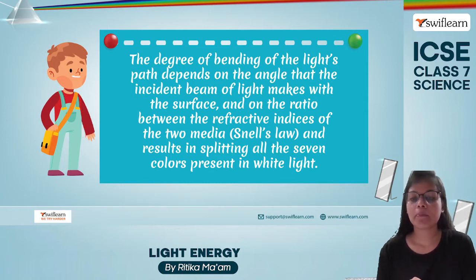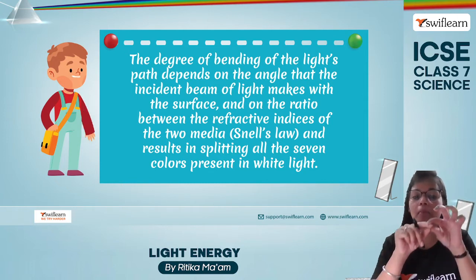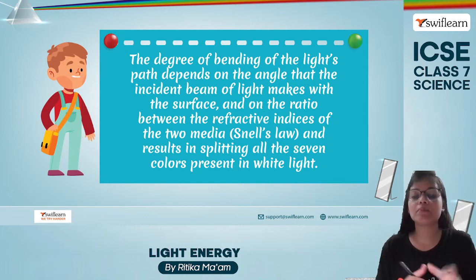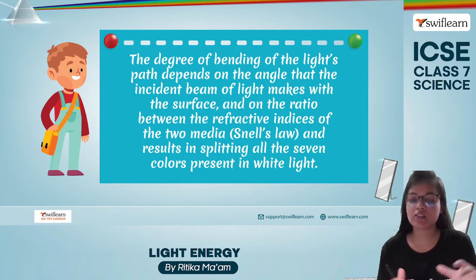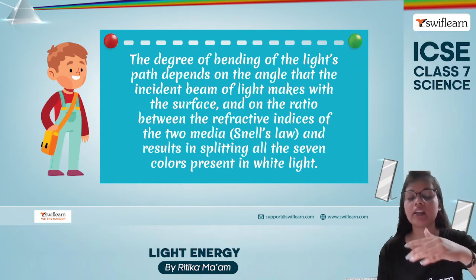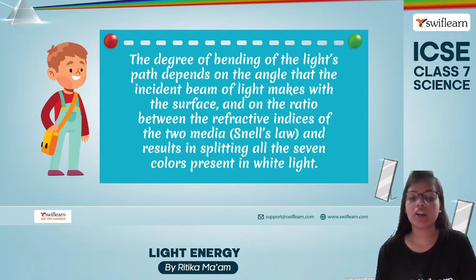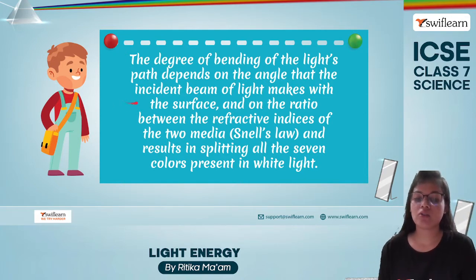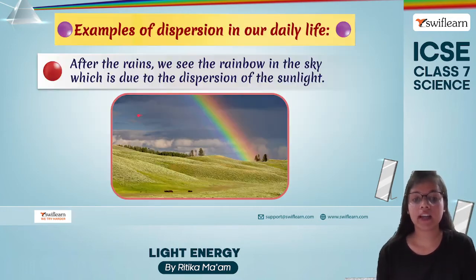So what does the amount of bending of light depend on? First of all, it depends on the angle which the incident beam is making with the surface, and secondly it depends on the ratio between the refractive indices. We have two media, the one the light comes from and the one on which the light falls, so it depends on their ratio also, and this results in splitting the 7 colors which are there in white light.